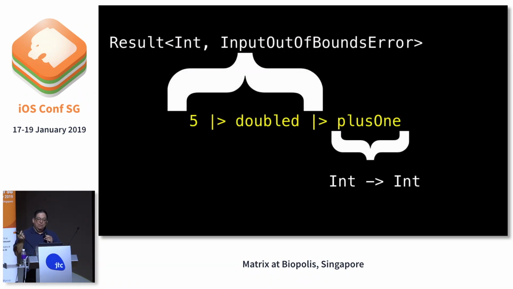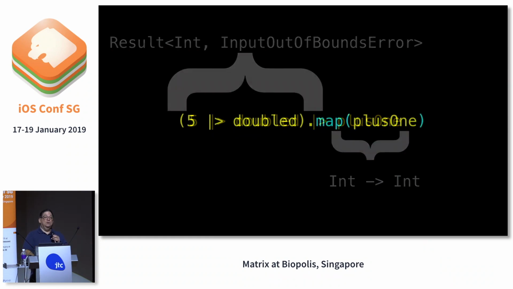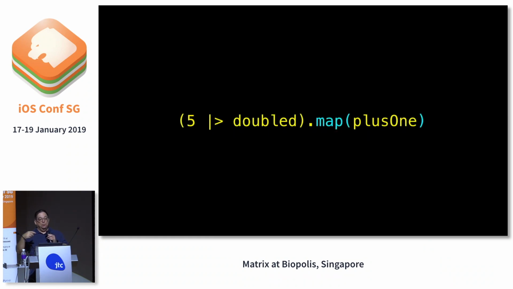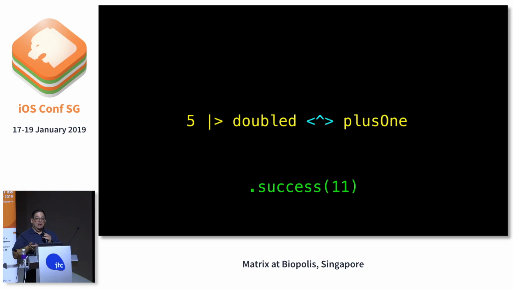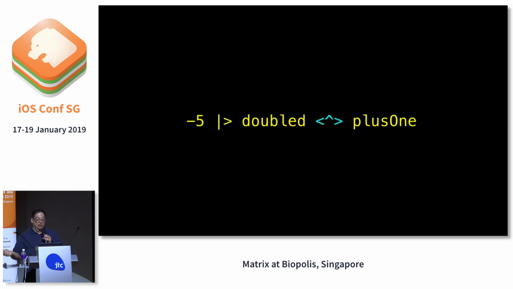I've taken care of this mismatch here, and so I don't pipe forward. Instead, I use the map of +1, and this is result type's map. Use the same symbol for all maps. And so if I take 5 and I double it, and then I map it into +1, 5 doubled is a success of 10, and so mapping it into +1 is a success of 11. -5 doubled is a failure.